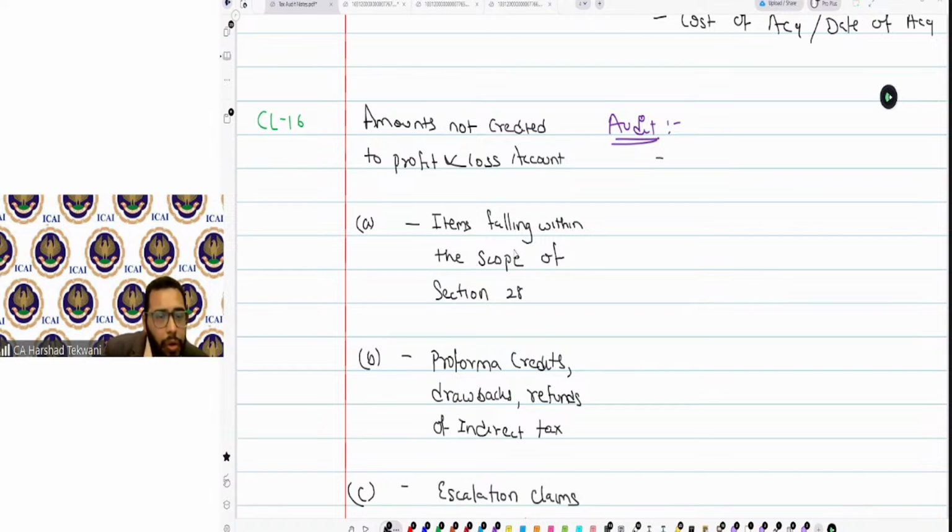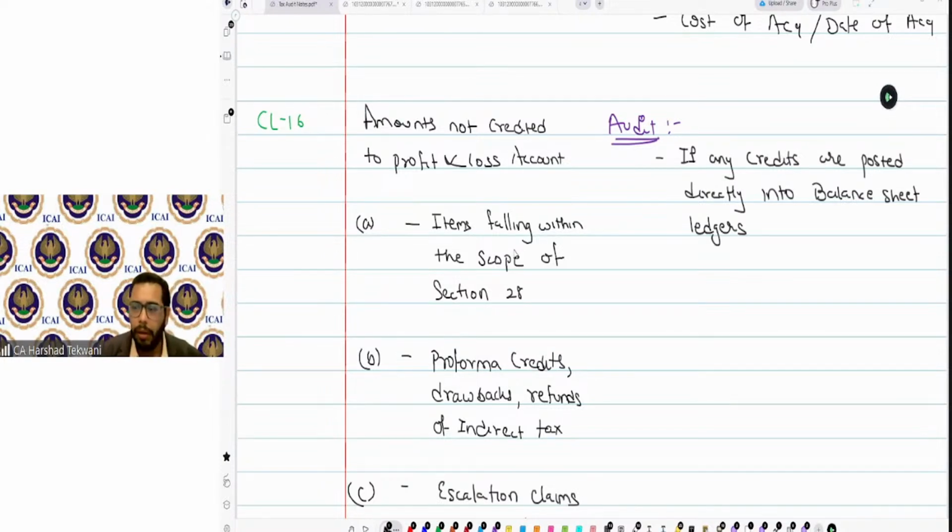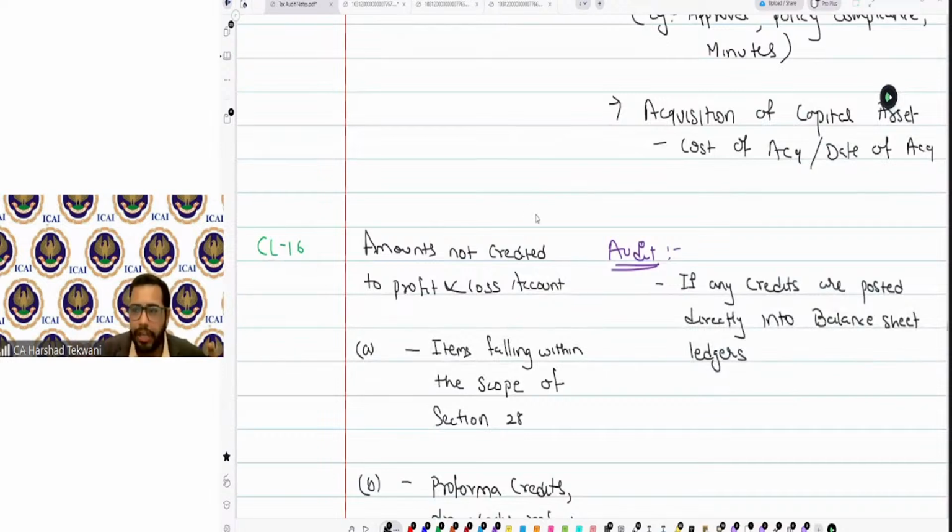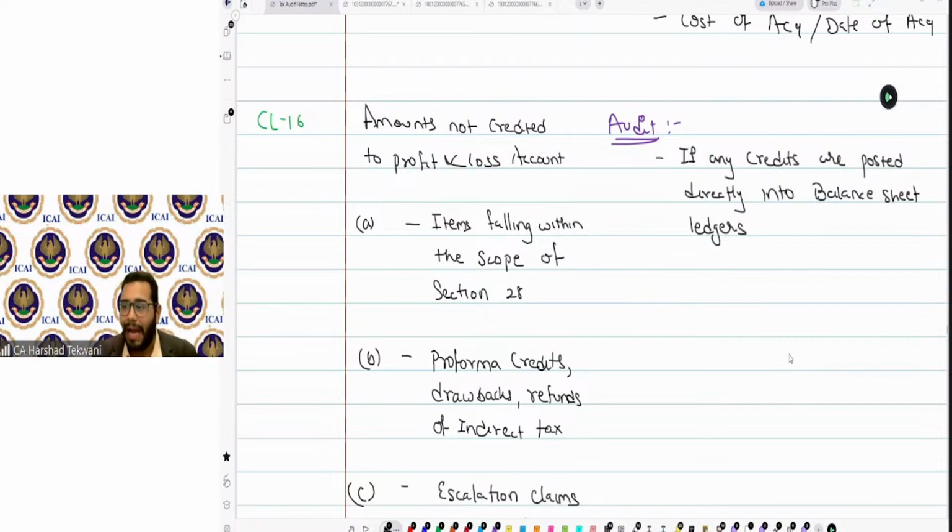If any credits are posted directly into balance sheet ledgers with respect to the nature of items that fall under section 28, from there you can identify that this was supposed to be routed through the profit and loss account but has not been credited to it.